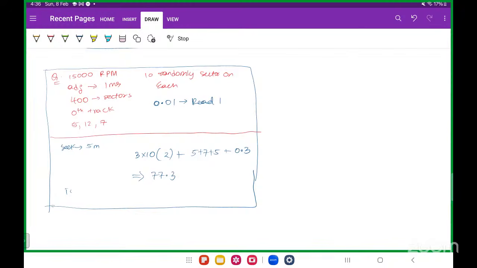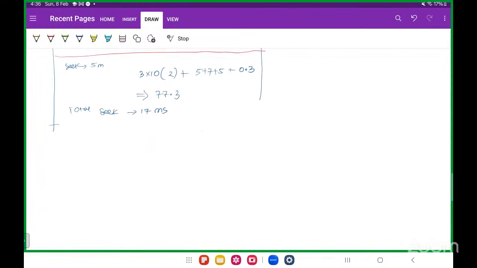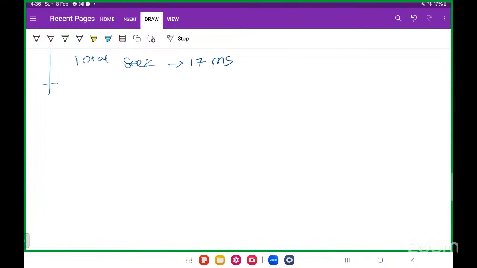Now they mention that on each track you are reading 10 random sectors. It means the average latency is applicable for each sector. So that is half of the rotation time, and the rotational time given is 4, so half of it is 2. So 10 into 2 is 20 for one track.